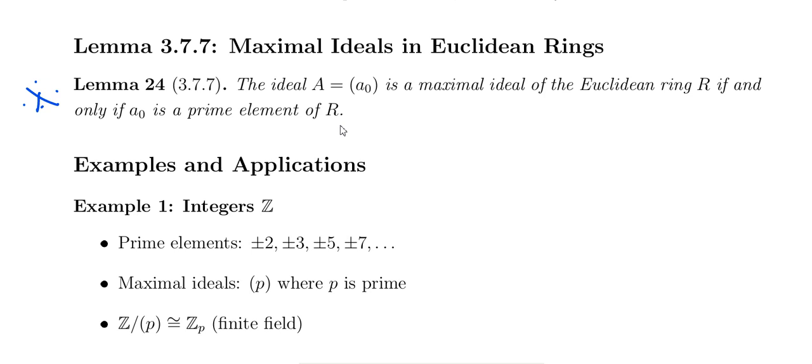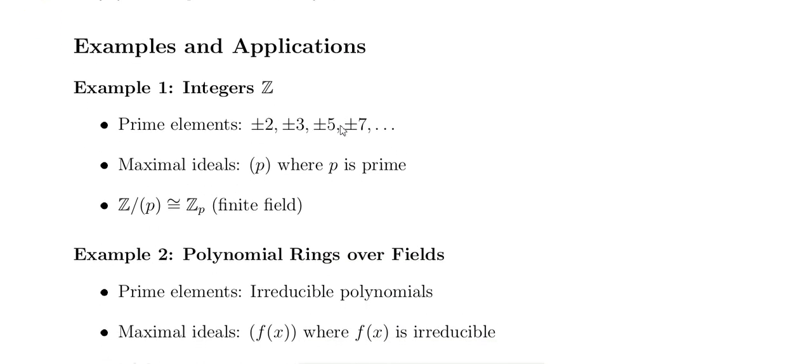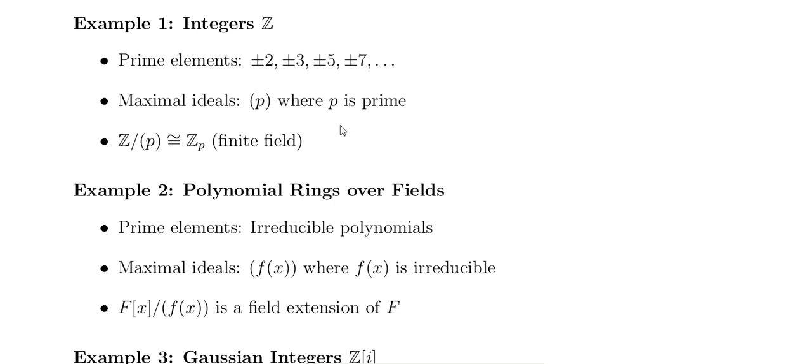For example, in the integers the prime elements are plus or minus 2, plus or minus 3, plus or minus 5, and so on.